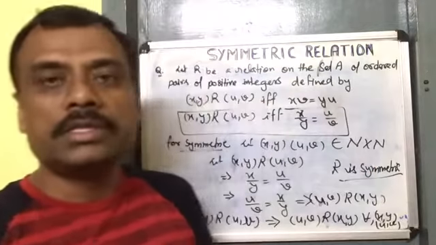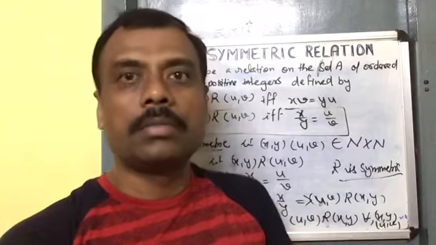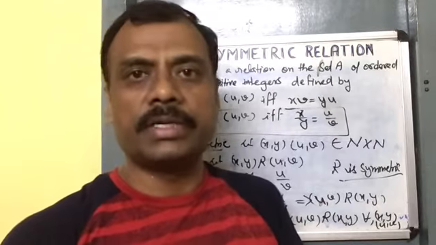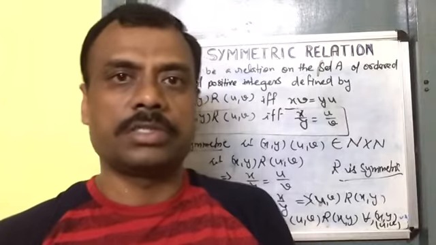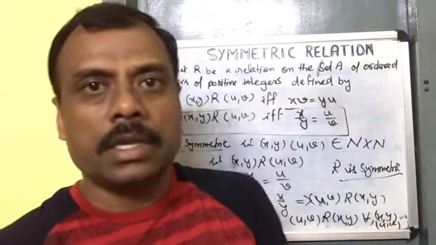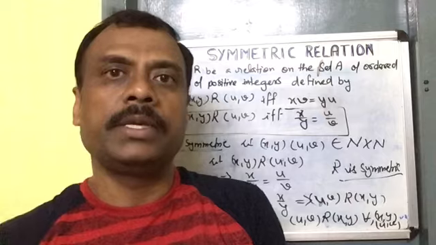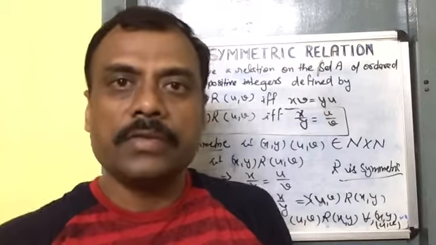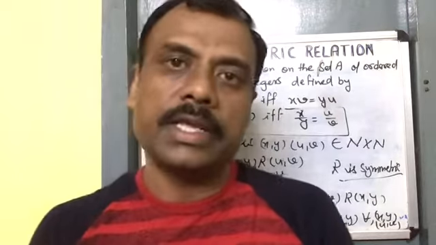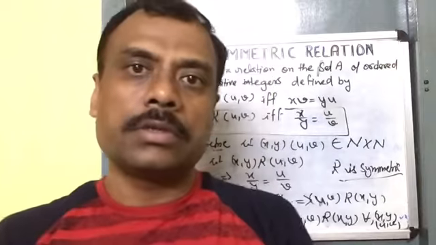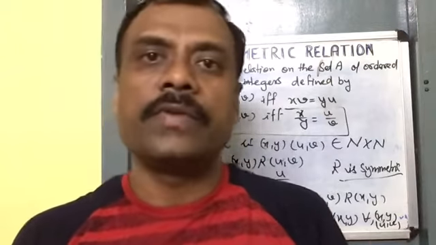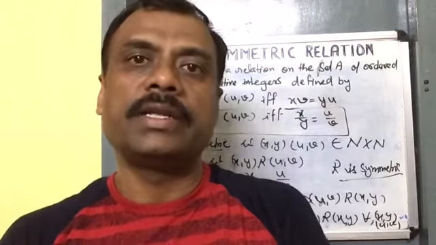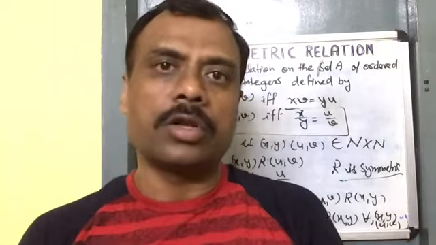Okay, in this way let us have some more examples which are not symmetric. So how to prove that the given relation is not symmetric? Since it has to be true for all elements, if we are able to give any example which does not satisfy the given condition, then we can prove that the given relation is not symmetric.